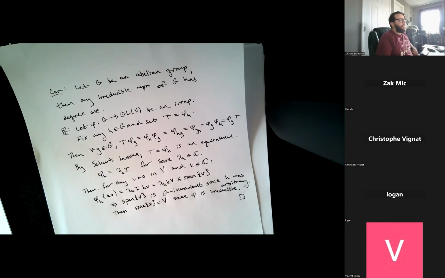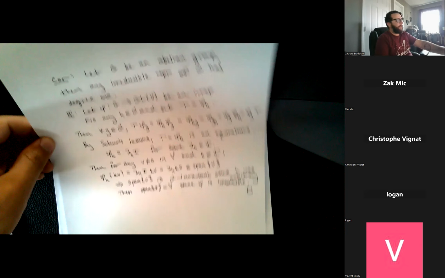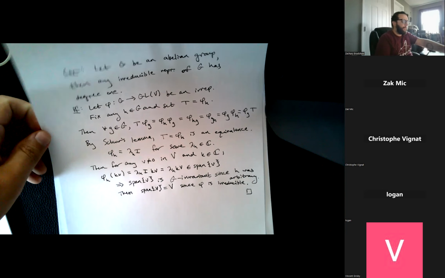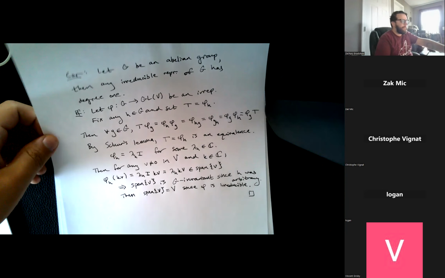That just about classifies all the irreducible representations of an abelian group. We know that they're all degree 1.